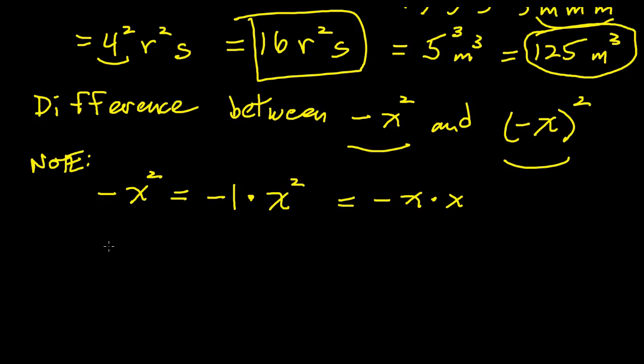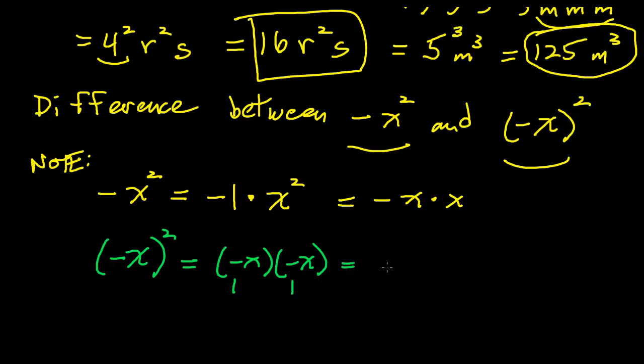If I've got minus x, in parentheses, squared, well, because that base has a negative sign contained in its parentheses, it's really minus x times minus x, and we know that a negative times a negative is a positive, so it's going to be positive x times x.